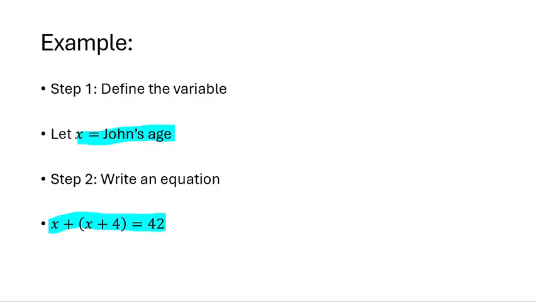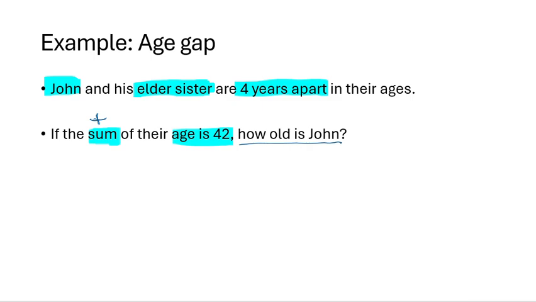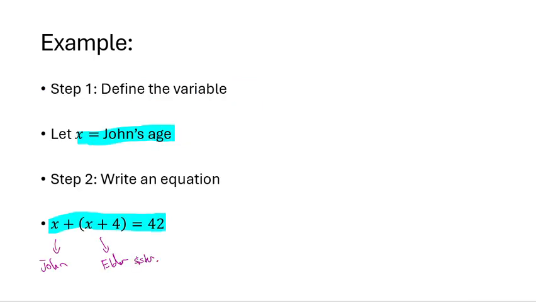Because we know x is John, his elder sister is 4 years older. So you're going to write John's age plus 4 as his elder sister. And remember, the question is saying the sum, so you are actually adding those two ages together, and it should result in 42 years old in total.